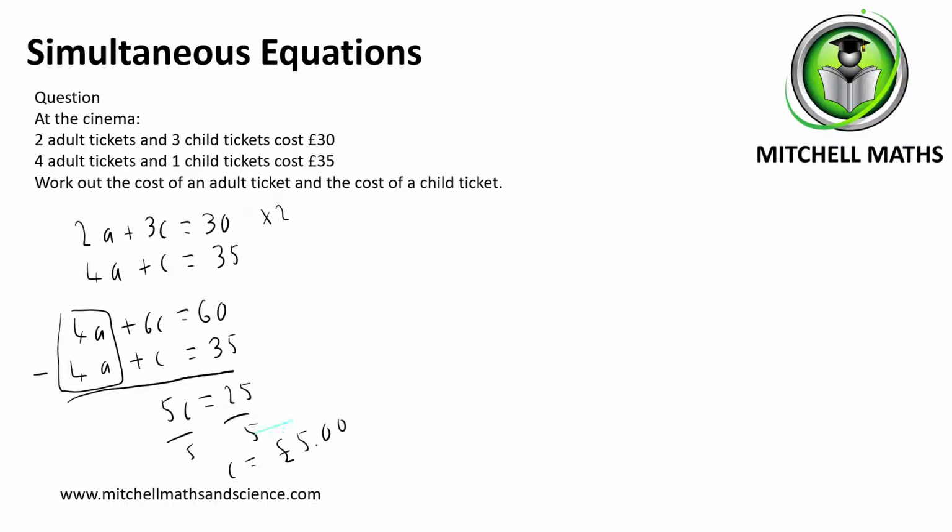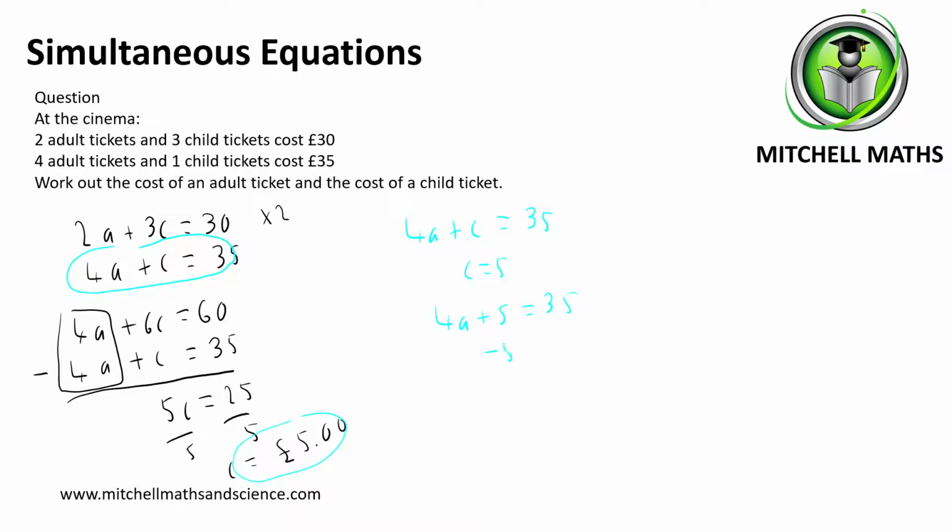Therefore, I know that c is 5, and I'm going to substitute it into one of my original equations. I'll probably use the bottom one, which will be the easiest in this case. I've got 4a plus c equals 35. I know that c equals 5, therefore 4a plus 5 equals 35.